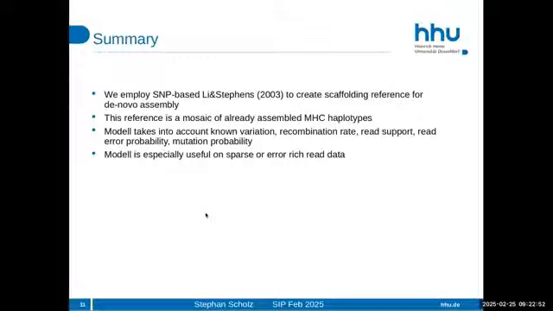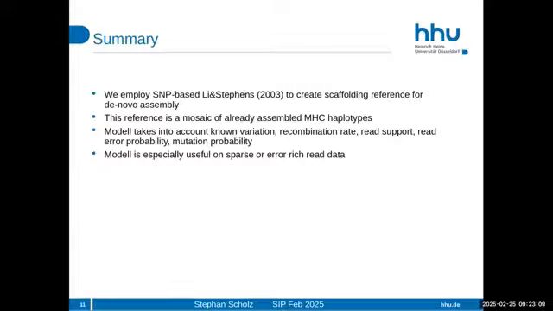Okay, yeah, with this I can already come to my summary. We employ the SMP-based Lee and Stevens model to create scaffolding references for de novo assembly. The references are a mosaic of already assembled MHC sequences.